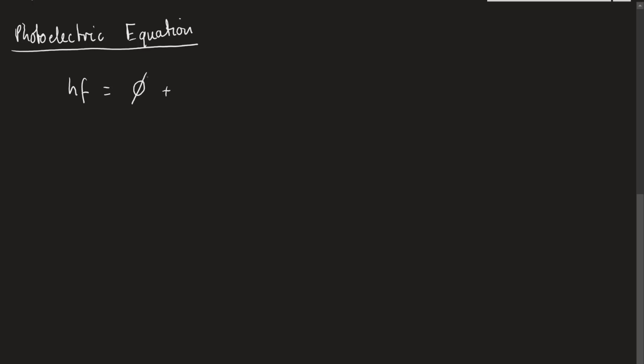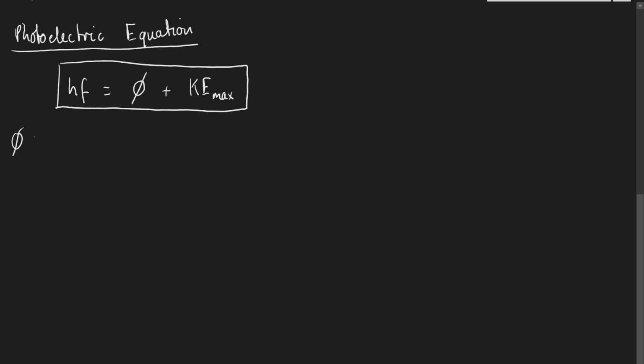And I said any excess energy, so if this is our total input, our total output is going to be the work function plus some kinetic energy. This is a maximum value, okay? This is very important. There are very common questions asking why is the kinetic energy a maximum value, and we'll talk about this now. So this is your photoelectric equation.